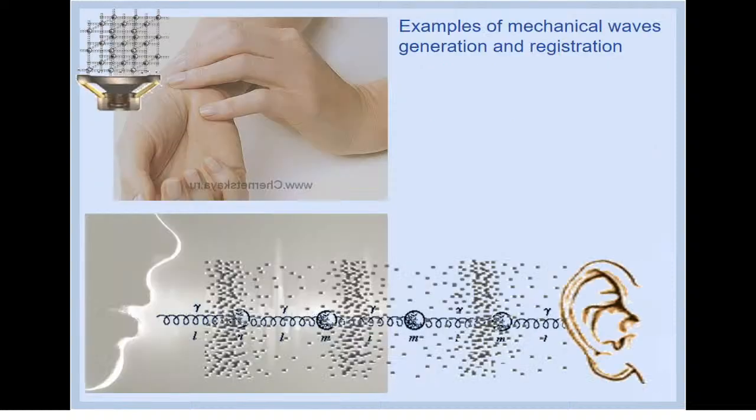So, and after that, let me show you the examples of mechanical waves generation and registration. What is this? It is the investigation of the pulse. What is the pulse?